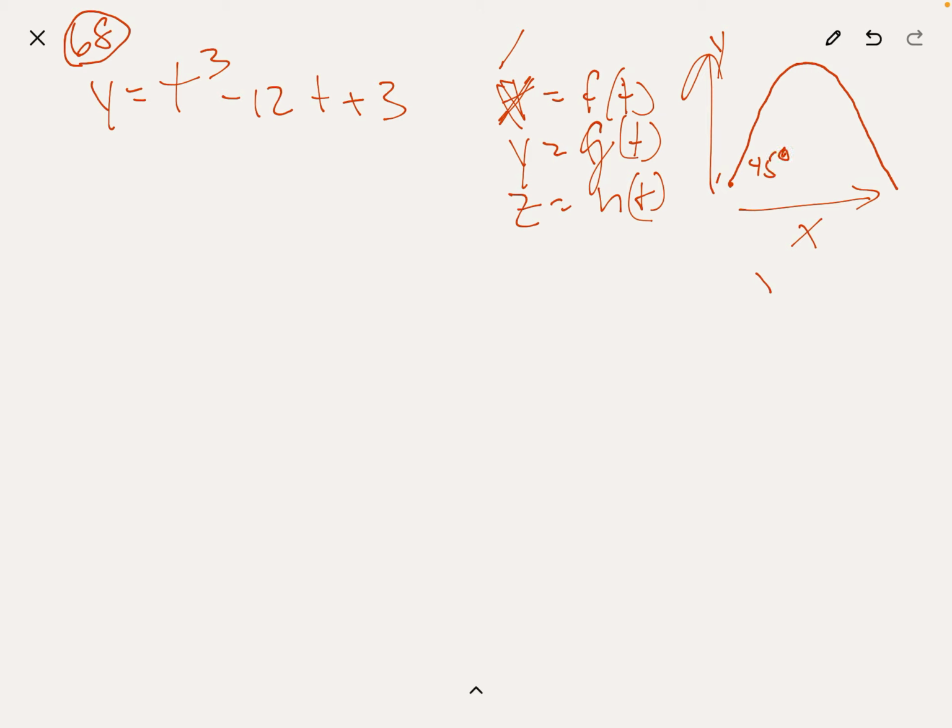You've seen these problems before, but in calculus, it's important to realize that you may get y as a function of t and x as another function of t, and you might have to find y prime and x prime and so forth.